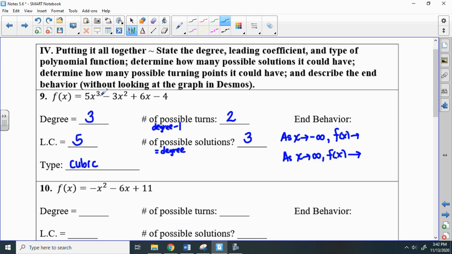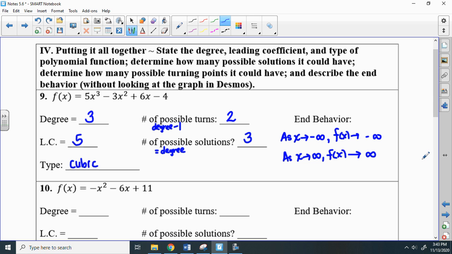This is an odd degree function with a positive coefficient. Odd degree with a positive coefficient means that our end behaviors do not match each other, but when you look at the x's and the y's, negative infinity matches with negative infinity, and positive infinity matches with positive infinity.